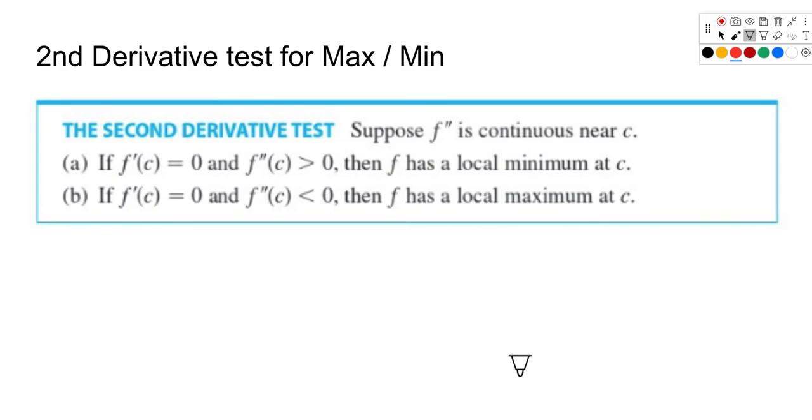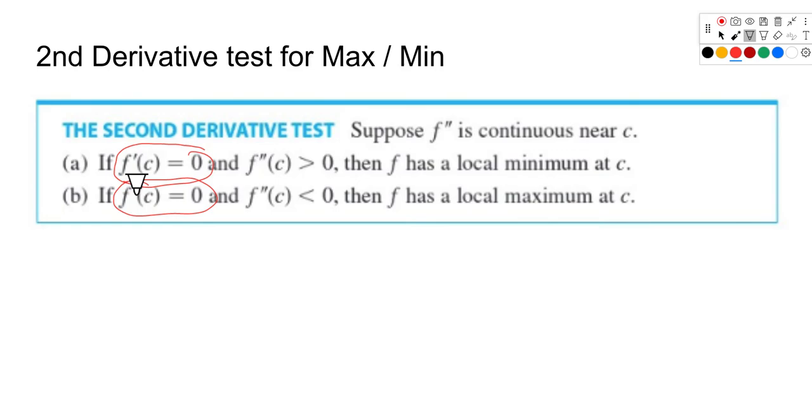Okay. Now they do throw in this that we have to be at the point where the first derivative is equal to 0. Okay, so that's just a condition. Because why does the first derivative have to be 0? That's what makes it a minimum or maximum. If it's not 0, it's not a minimum or maximum. We could still be concave down or concave up, but it might not be a minimum or maximum.